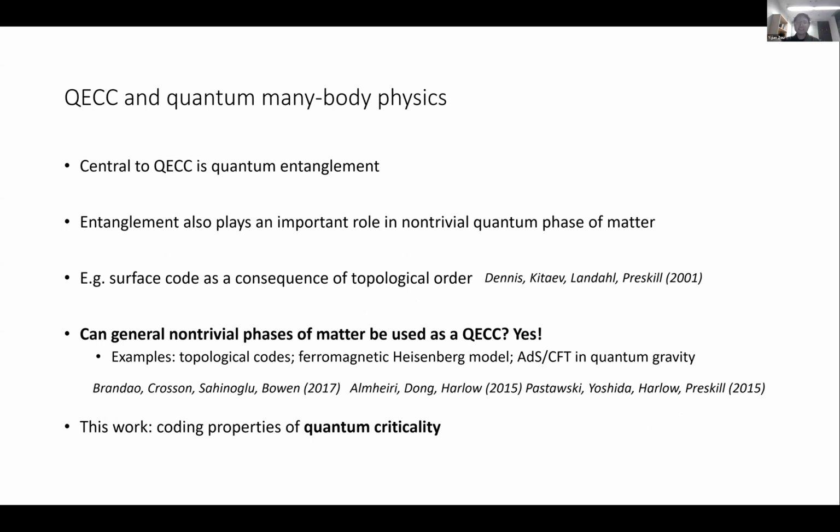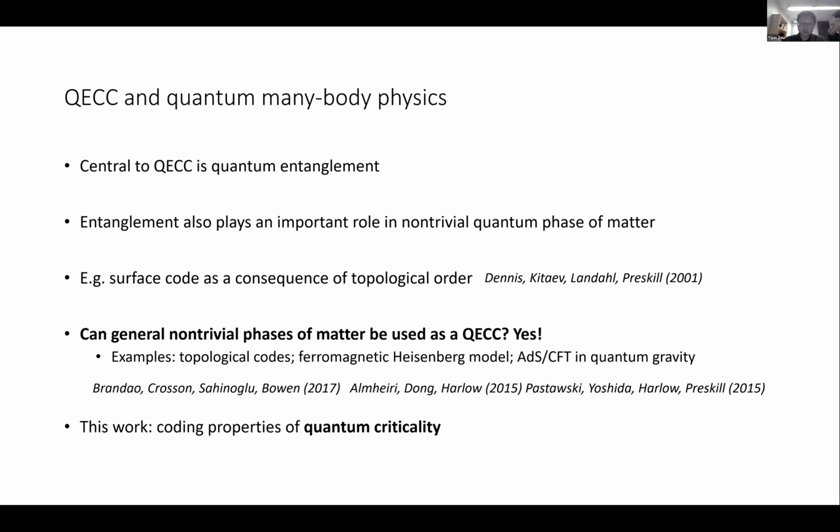Okay, and since this is a condensed matter seminar, I think I'm supposed to talk some condensed matter. So why should condensed matter physicists be interested in quantum error correction? As I just told you, essential to a quantum error correction code is quantum entanglement. In order to do some encoding, you must have quantum entanglement between your physical qubits.